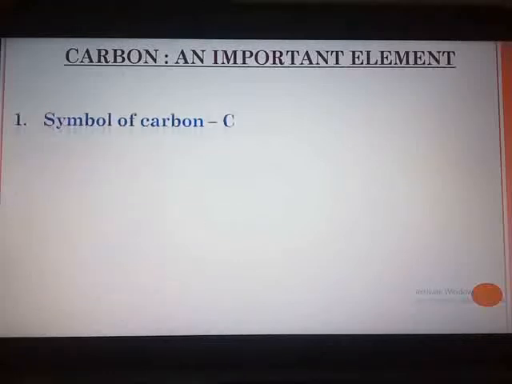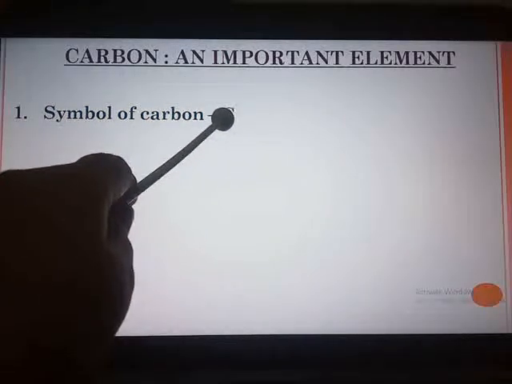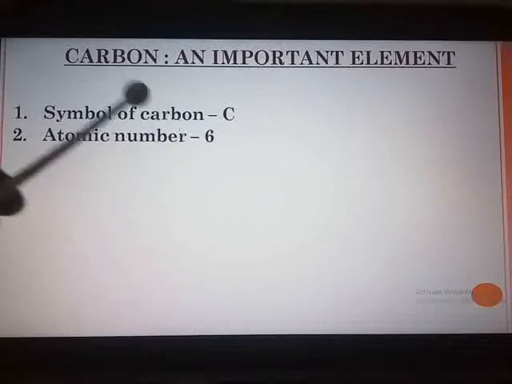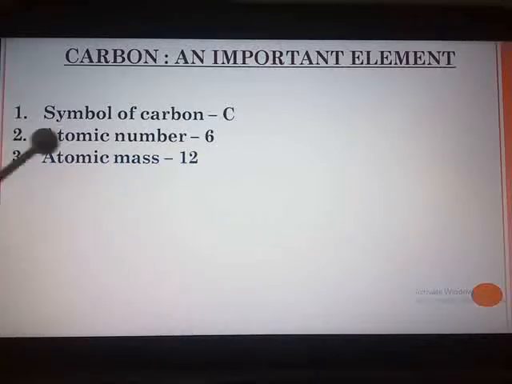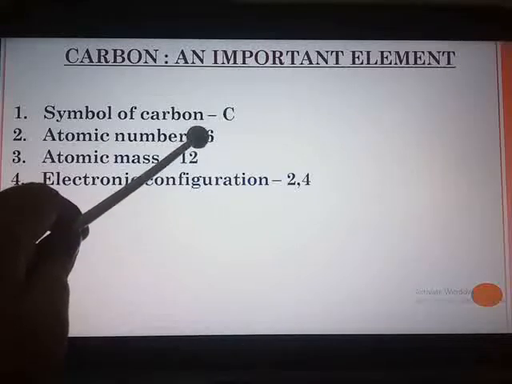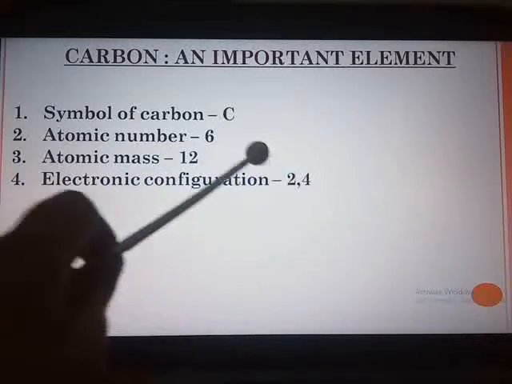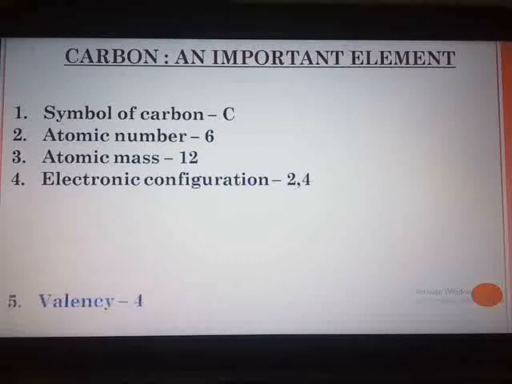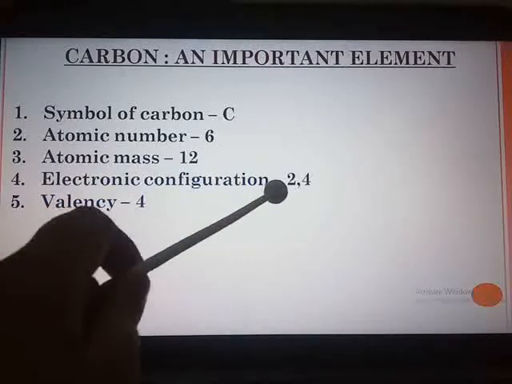The symbol of carbon is capital C, atomic number 6, atomic mass 12, electronic configuration 6 electrons, so 2 in the first shell, 4 in the second shell. Valency is 4.